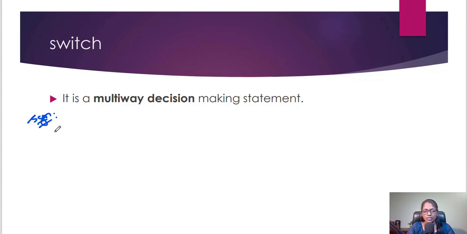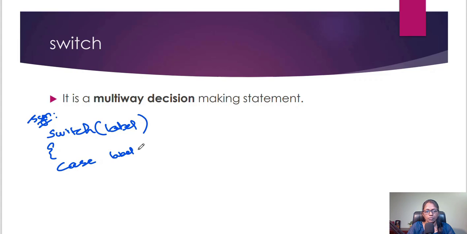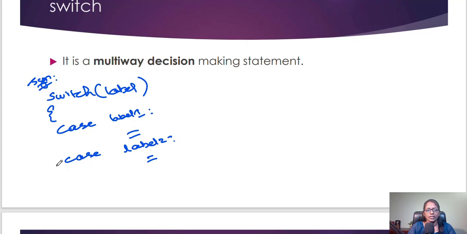The syntax for the switch statement is: switch, a label value, or we can say some value. Then case label 1, I can give, then colon and some set of statements, case label 2, some set of statements, and then up to case label 3, case label 4.